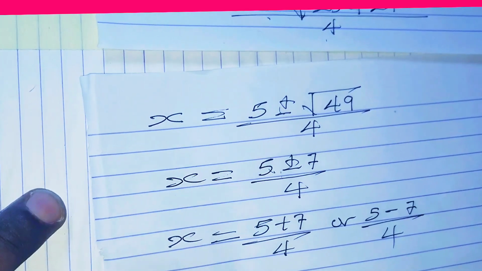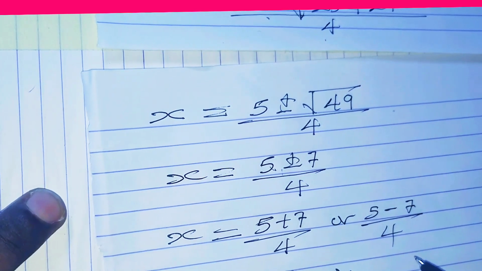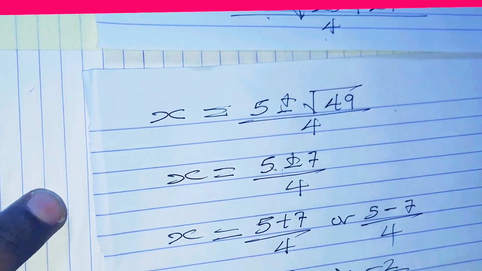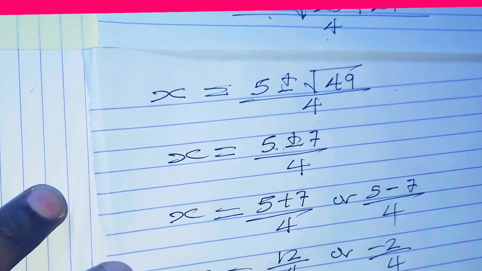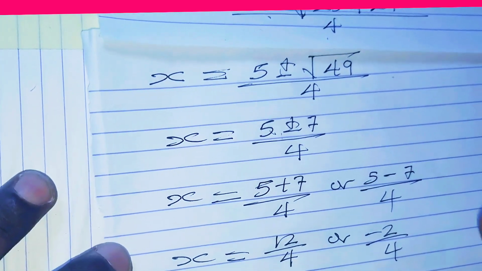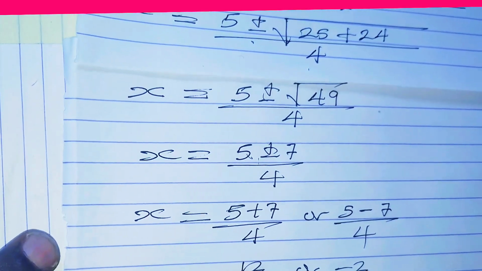And therefore our x is now 12 over 4, or minus 2 over 4. So our x is going to be 3 or minus 1 over 2.